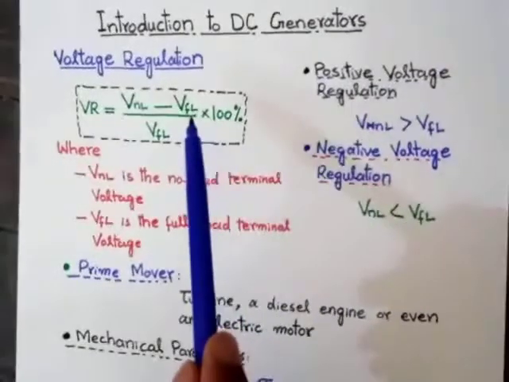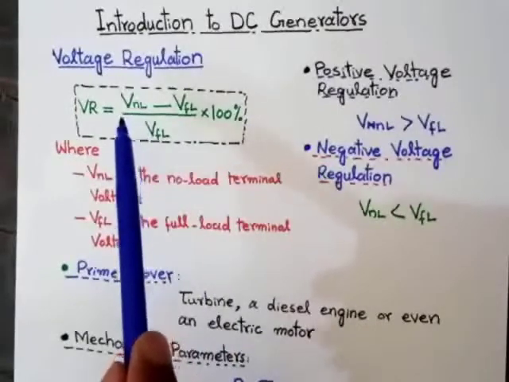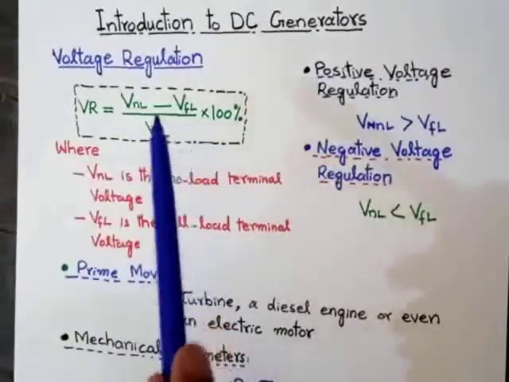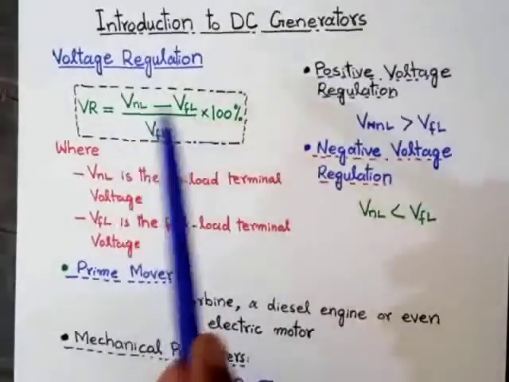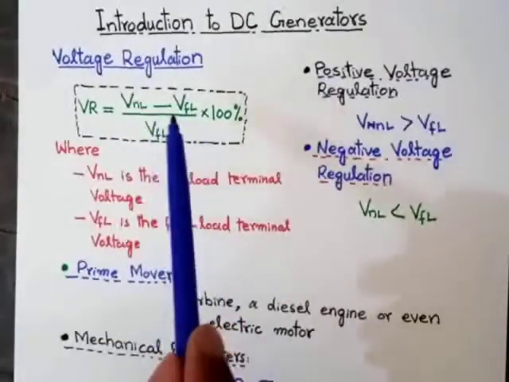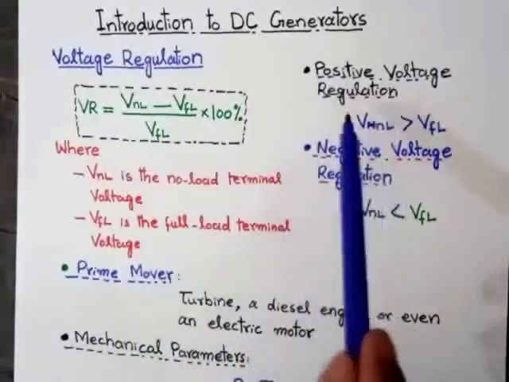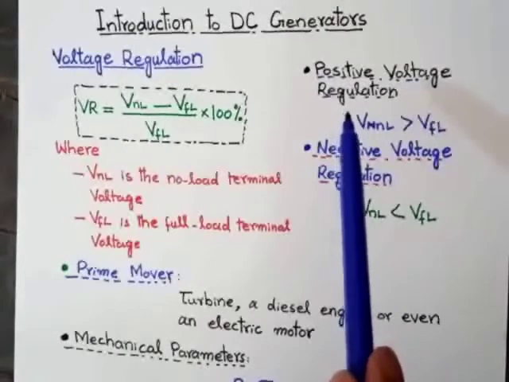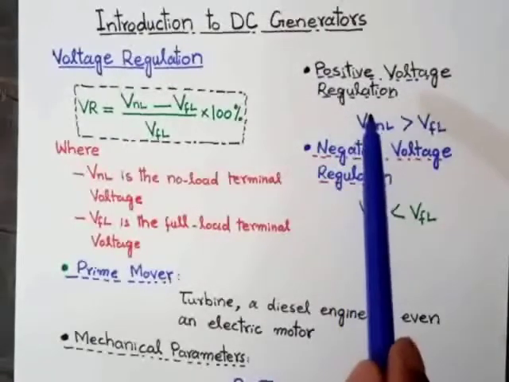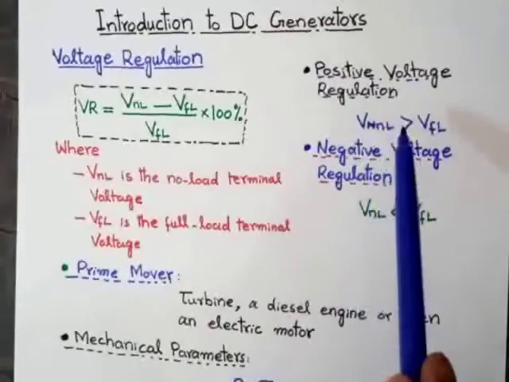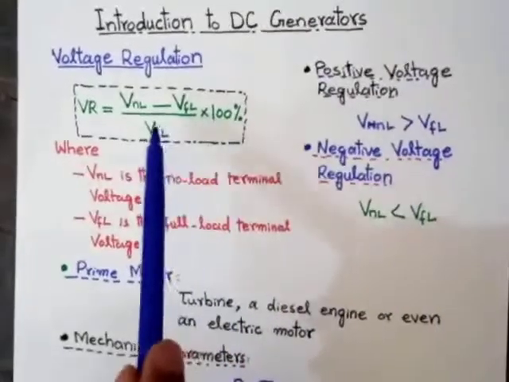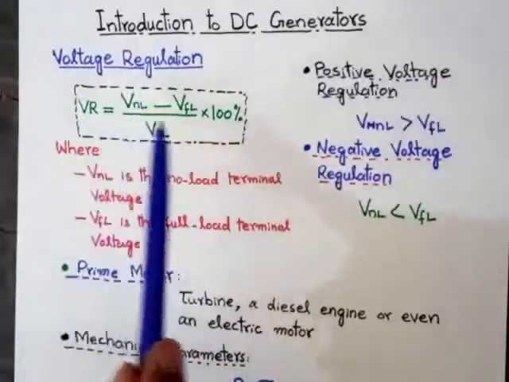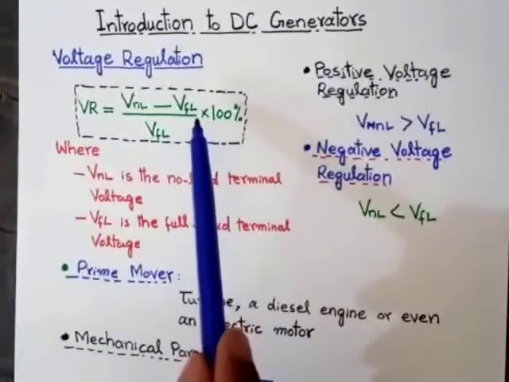It means if the value of no load voltage is more as compared to the full load voltage, then the answer of this equation will be positive, and the voltage regulation is called the positive voltage regulation. So the positive voltage regulation means a dropping characteristic. It means when we increase the load, then the curve will drop, or decrease, by increasing the load.